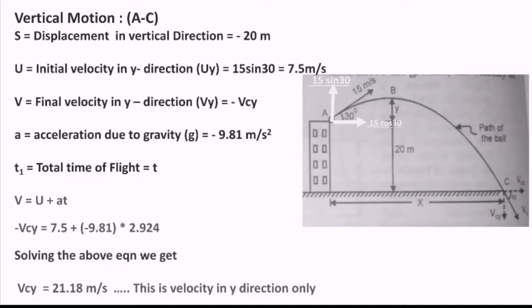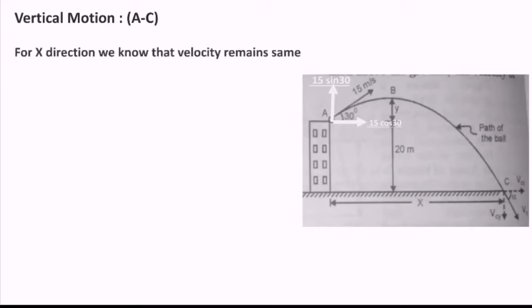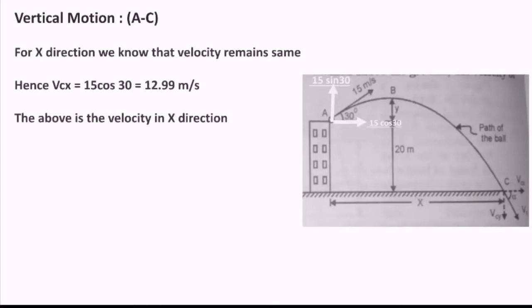Now for resultant velocity, we need first to find out velocity in x direction. From points to remember, the first point was velocity in x direction always remains same. At point A, the horizontal velocity was 15 cos 30, that is 12.99. Hence this velocity will be same at end point also. So I can write Vcx is also equal to 12.99 meters per second.